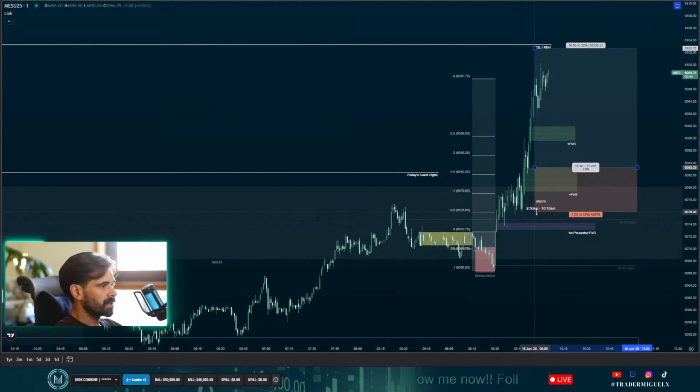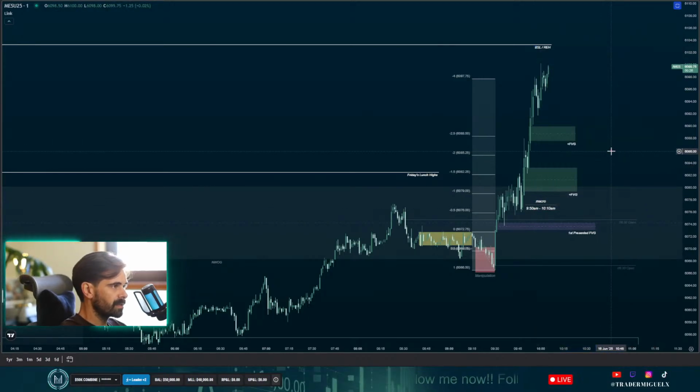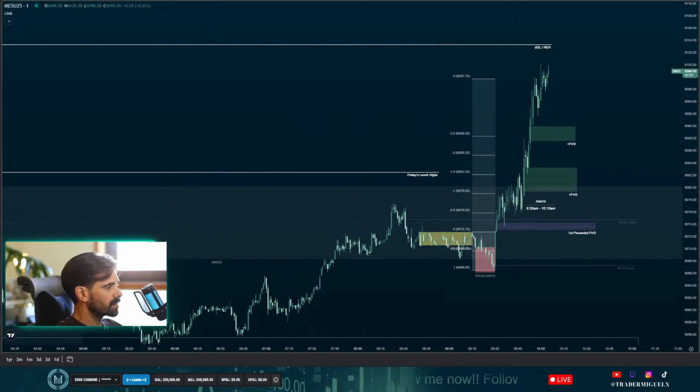Oh, I can eventually try this one. But if we wick outside of our fair value gap, boom, there goes the stop, right? So always keep that in mind. But yeah, so far we have a clear run to the upside since the open.